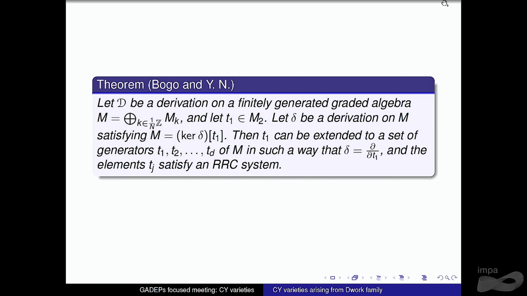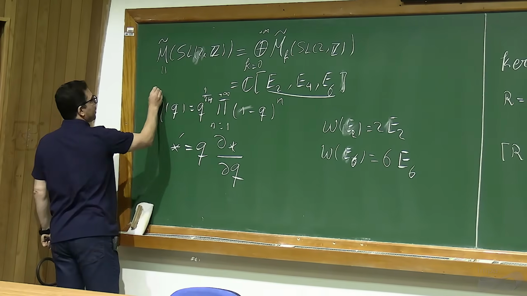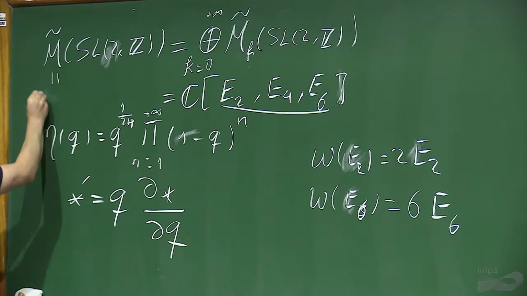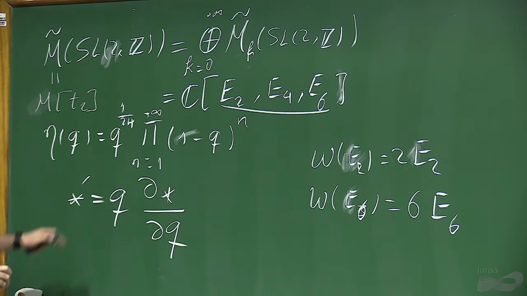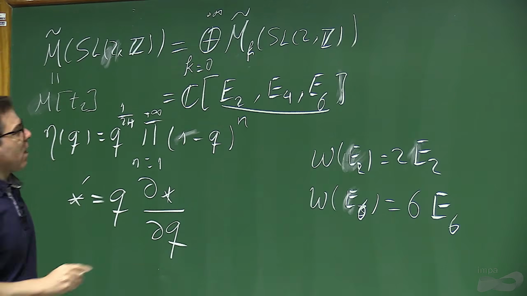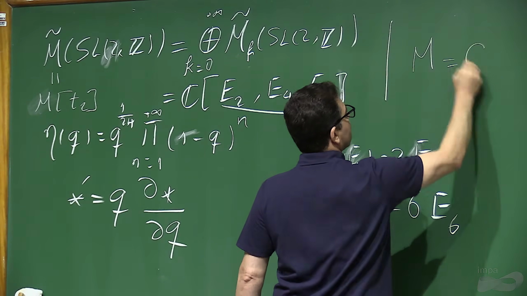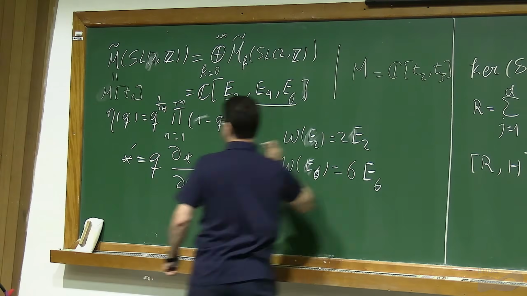If you look here, the space of quasi-modular forms is generated by, because our M was C of T2 and T3, sorry, T1.